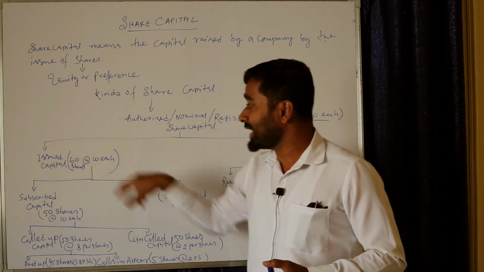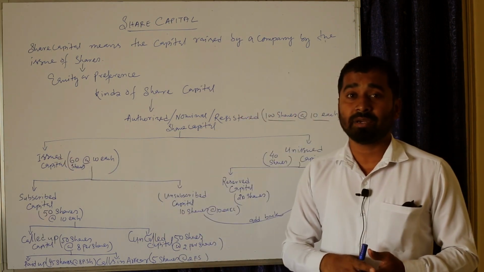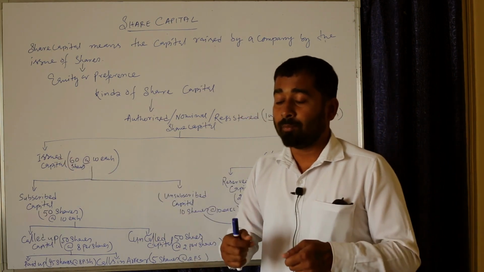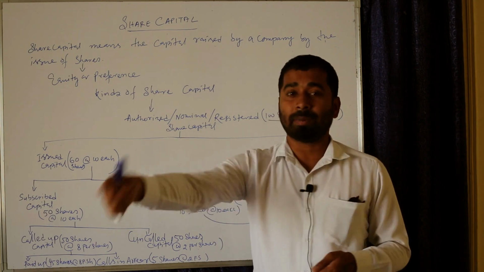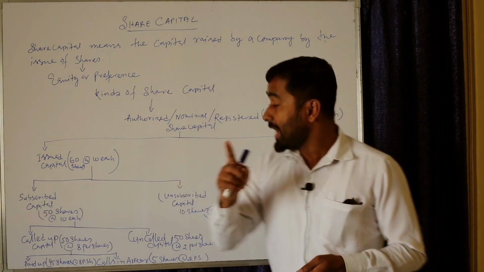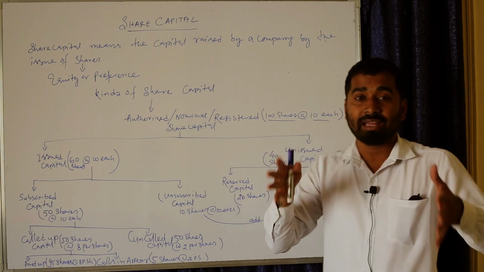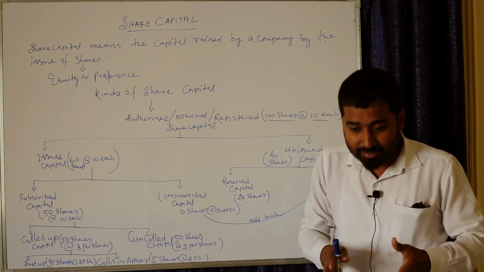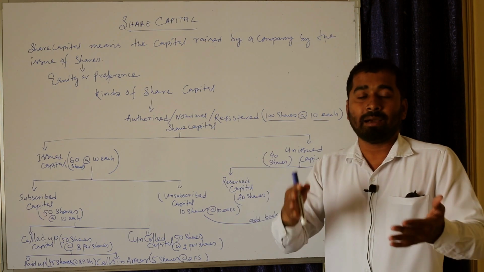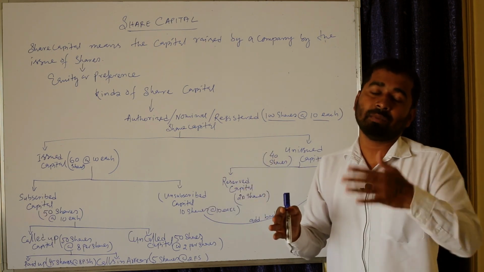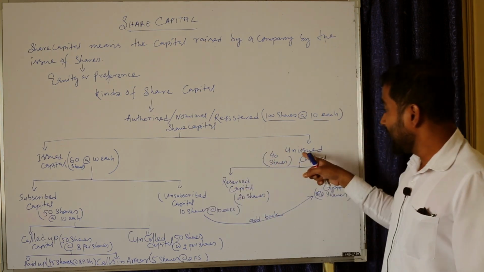So in issued share capital, I am offering the shares to the public to subscribe. Unissued share capital is what I still have with me, which the company can issue later when it needs funds again.